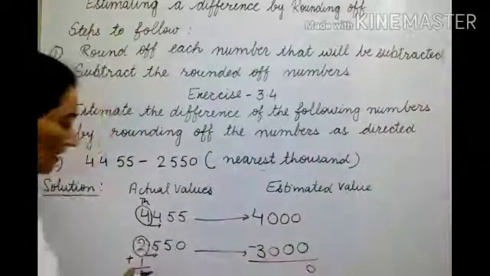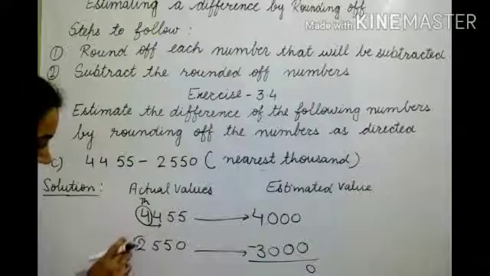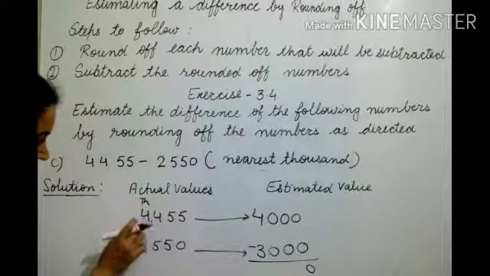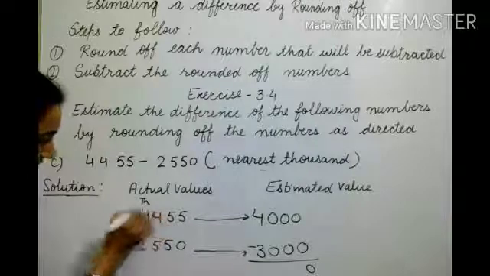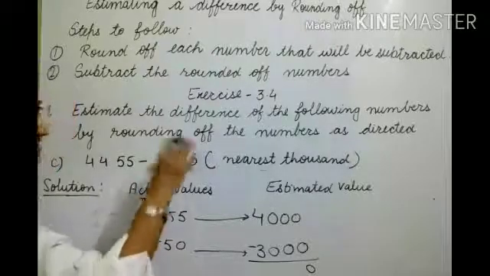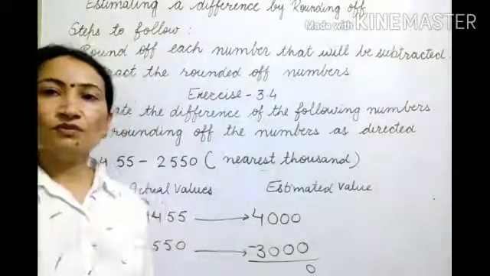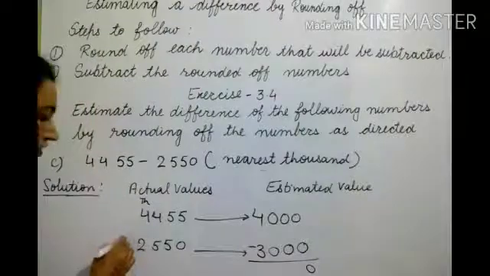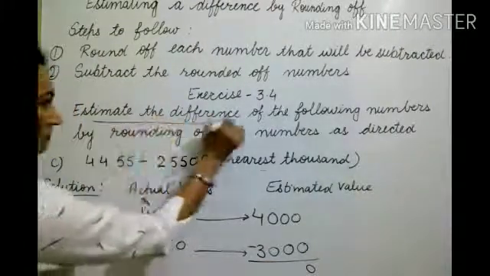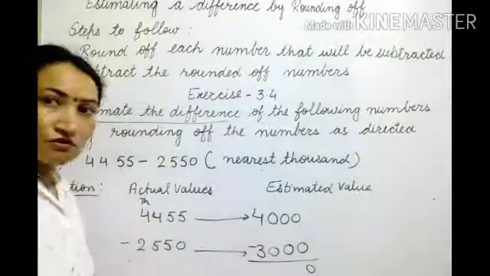We can find the actual difference also after finding the estimated value, but it is not asked in our question. If it is asked to find the actual difference and estimated difference, then you will do the actual difference also and the estimated difference also. As it is only asked to estimate the difference, it means you will find the estimated difference.